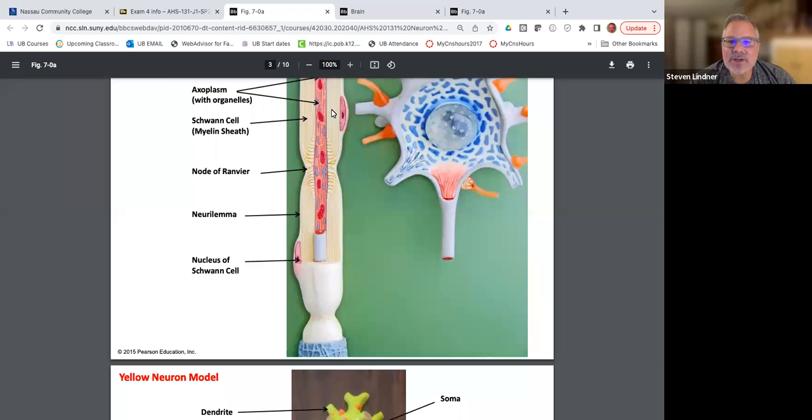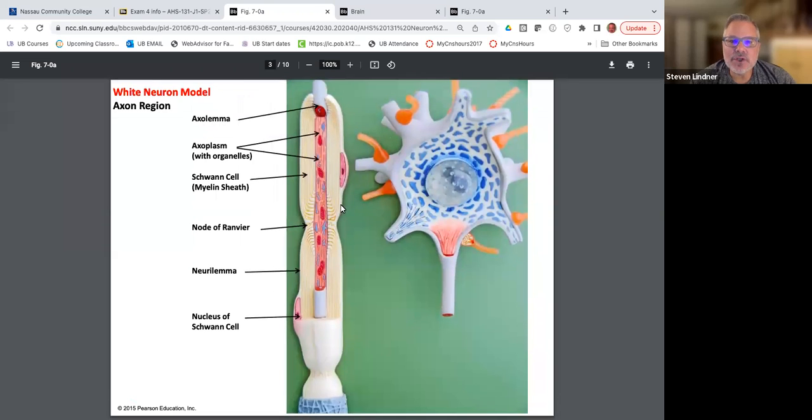And as the action potential is traveling down the axon, they say that it leaps from node to node, right? It leaps over that unmyelinated section. That's the action potential or the depolarization. And that's what they refer to when you get to lecture.